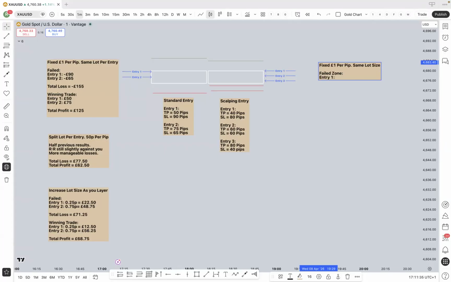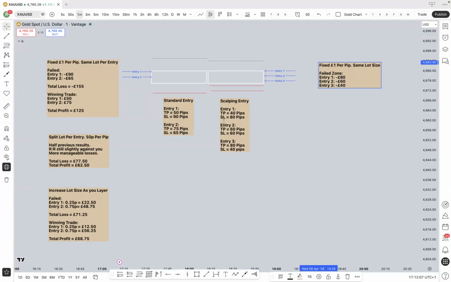Entry 1 would obviously give us £80 loss. Got to put the minuses on, but you guys get the idea. Entry 2 would give us a minus £60 loss. And entry 3 becomes a minus £40 loss.